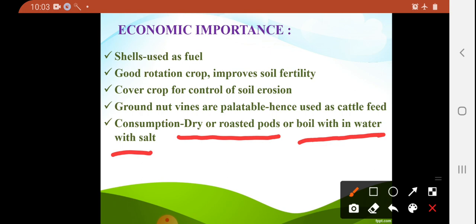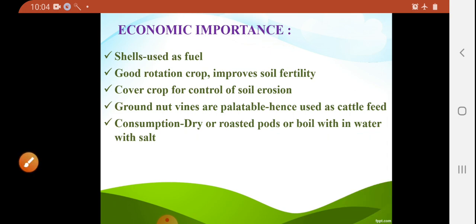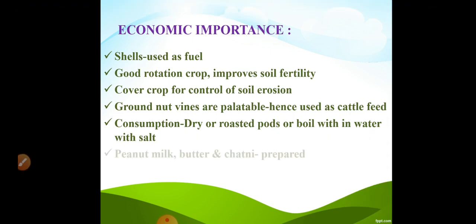So it is an oil seed crop which provides edible oil to us. So we are consuming it in various forms, plus by getting oil from this crop also.